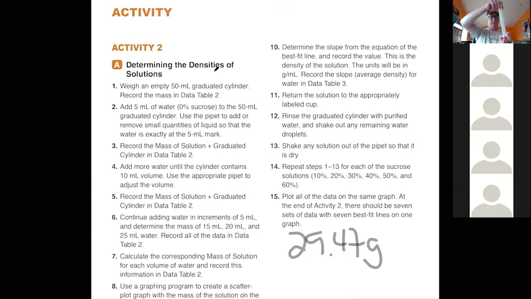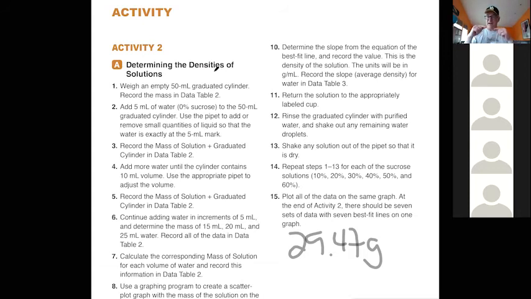So I'm just going to empty one, empty another, and I'm getting pretty close, and there. Once I've got it to my 5 mils, then I just put it right back down on the scale, and I measure the mass again. So now I've got 35.21 grams.